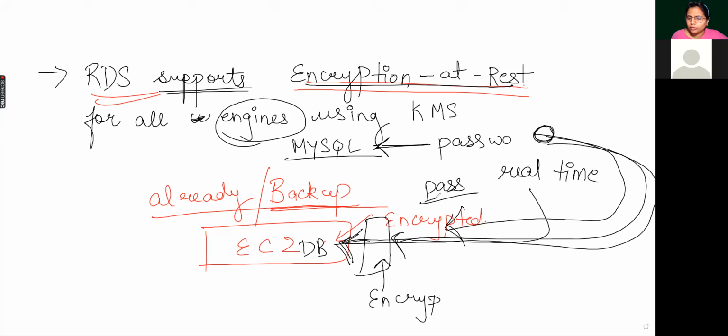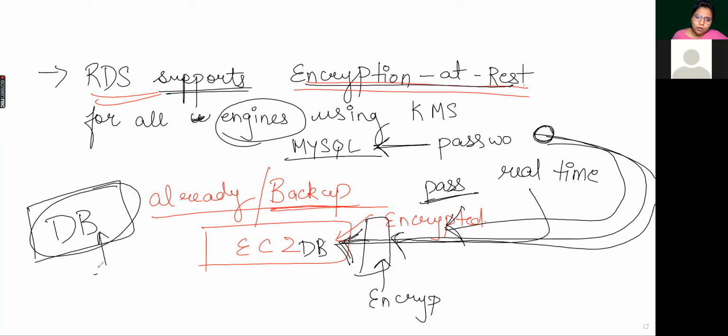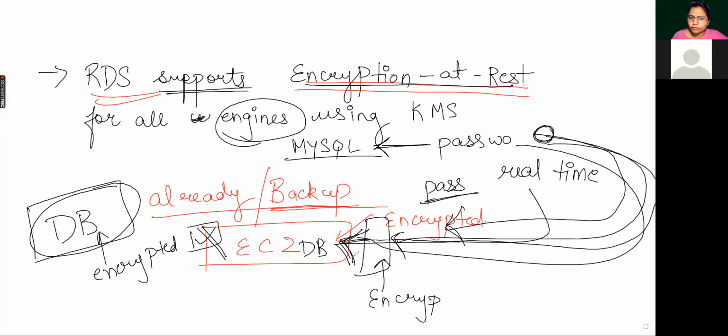If you see the data in the database, the data that is stored will always be encrypted because we have chosen the policy of encryption. If we have not chosen it, then the data coming in real time will also be unencrypted. So it depends.